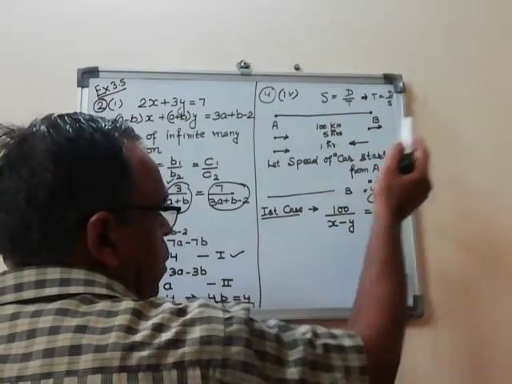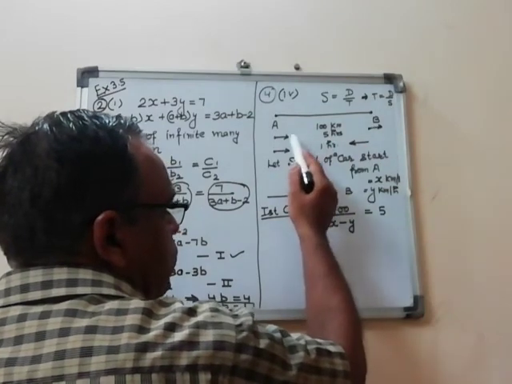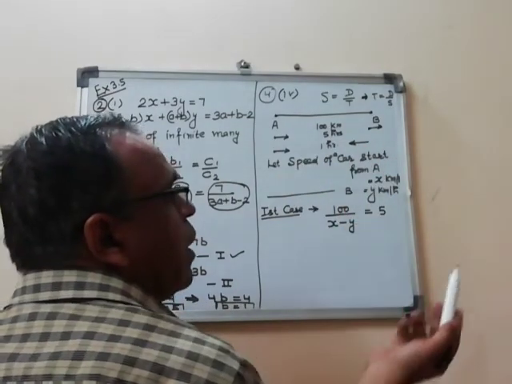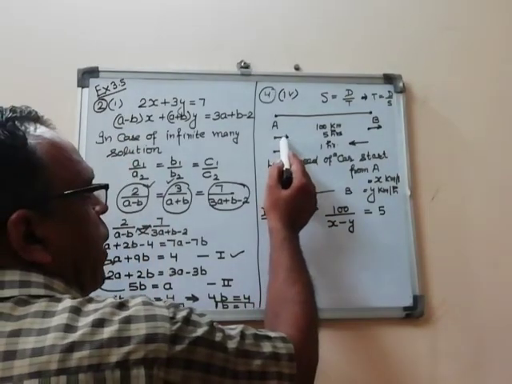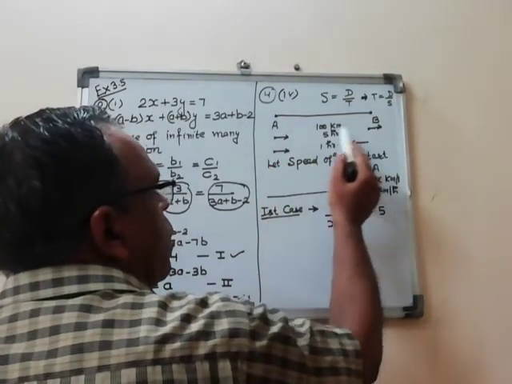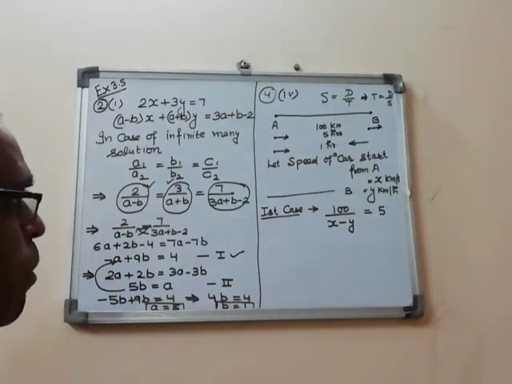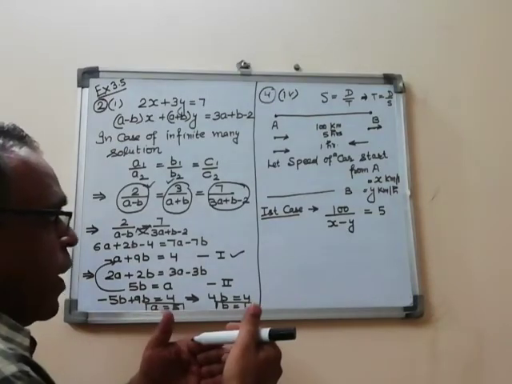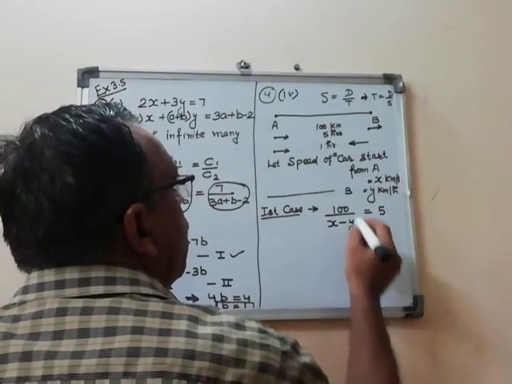If the speed of this car is more than that car, this car will overtake or meet it. That means they will meet in 5 hours. Suppose this is traveling at 100, this is at 80. So you can see that the distance is reducing with the passage of time. If they travel in opposite directions, they will meet in 1 hour.